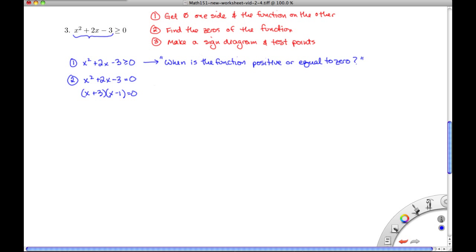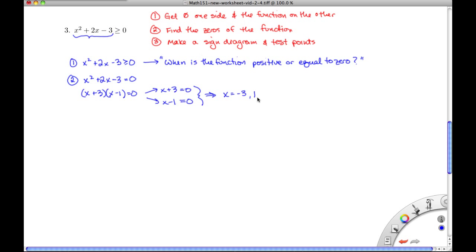The fact that the product of these two factors is equal to 0 tells us that one of these factors has to be equal to 0. The zero product property tells us that. Now we can solve both of these for x. The conclusion is that x has to be equal to -3 or 1. So these are our zeros.